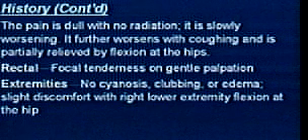His extremities show no evidence of edema, clubbing, or cyanosis. However, he does have slight discomfort with right lower extremity flexion at the hip. All right? So what does that mean? If you flex the hip, and if you would adduct it out, the obturator sign is positive.